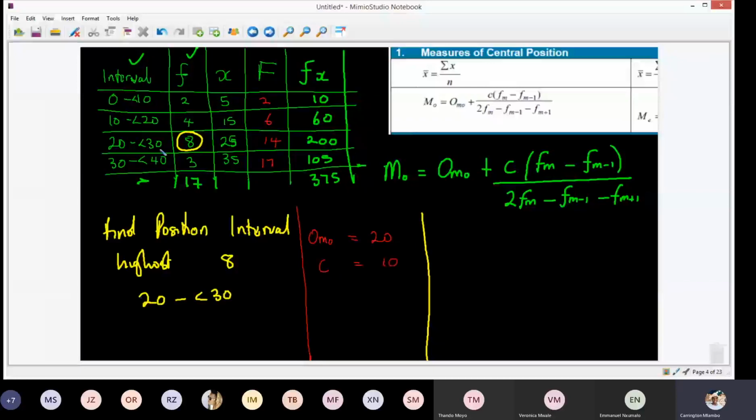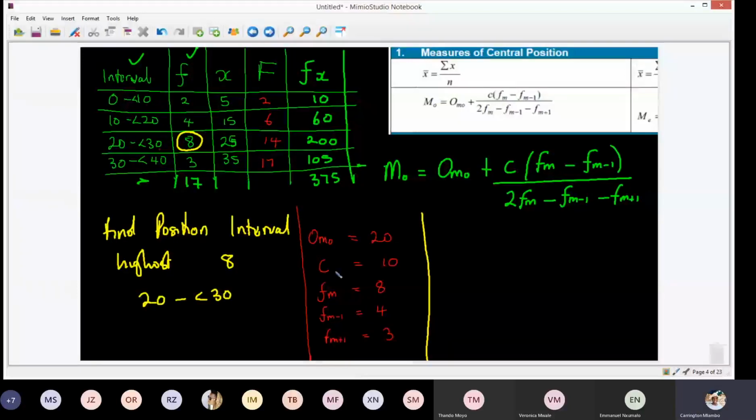The frequency of the mode is 8. Then the previous frequency, f of m minus 1, is 4. Then the next frequency, f of m plus 1, is 3.